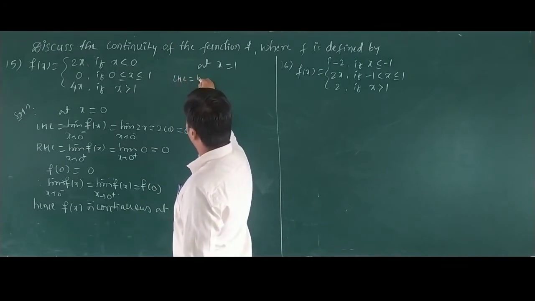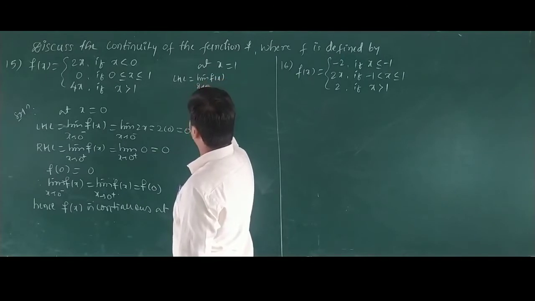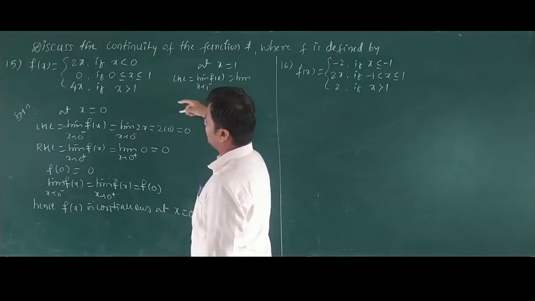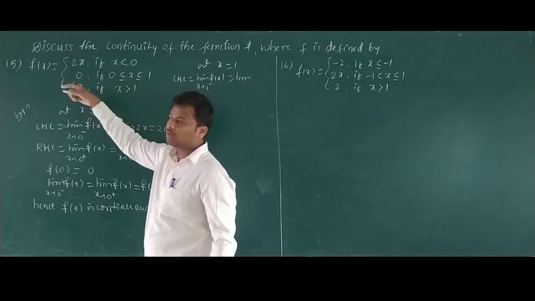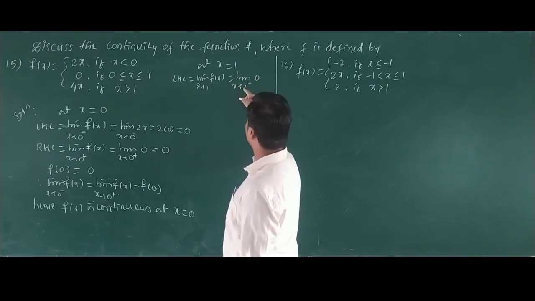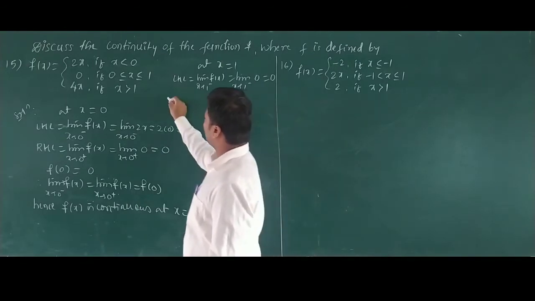LHL: limit of f of x as x tends to 1 minus equals limit of 0 as x tends to 1 minus. Again, it is a constant function. This value is 0 only. Okay. What about RHL?